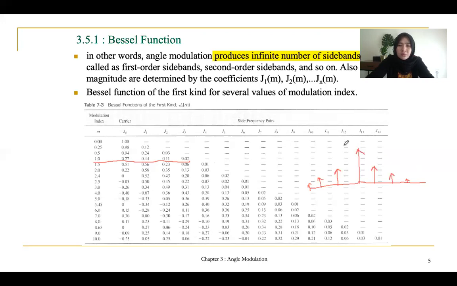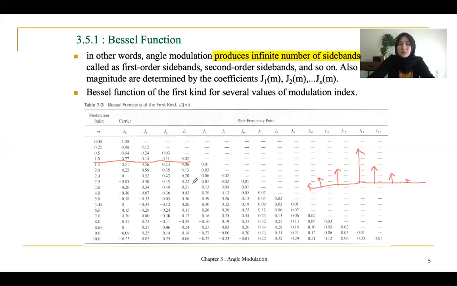Okay, same for the other side. The amplitude for this side frequency is 0.44, this is 0.11, and 0.02.